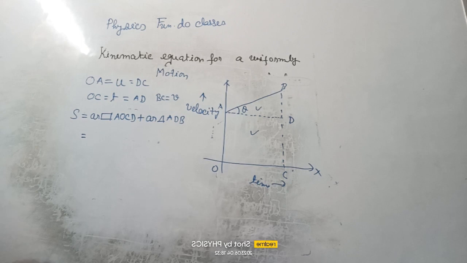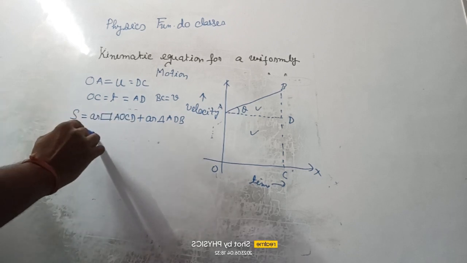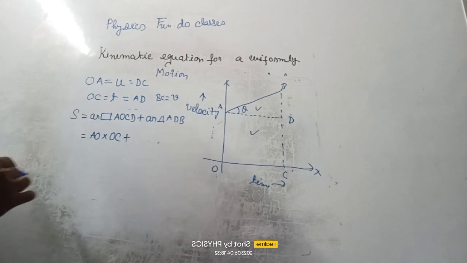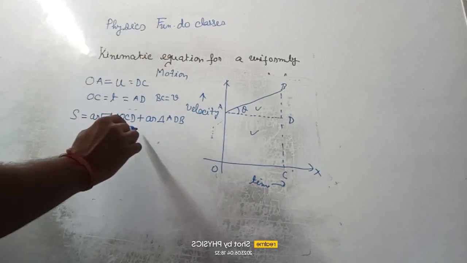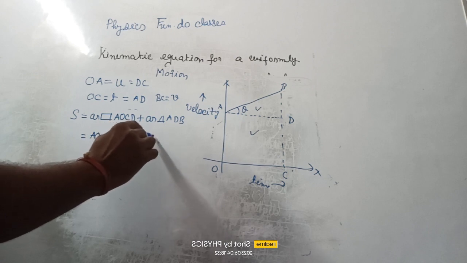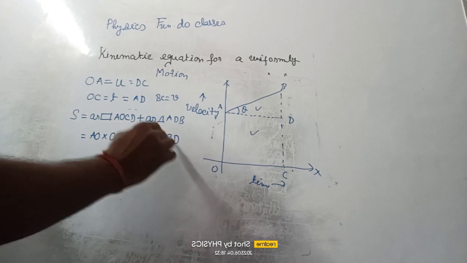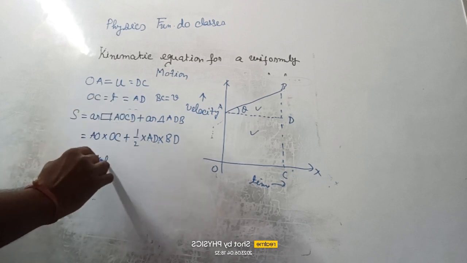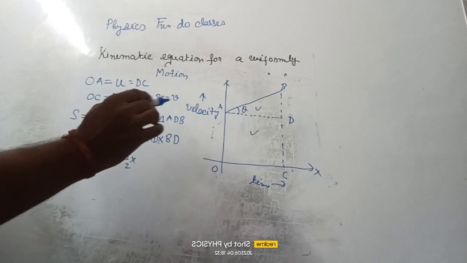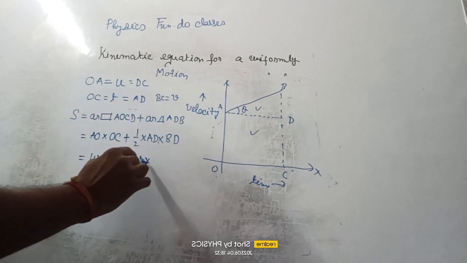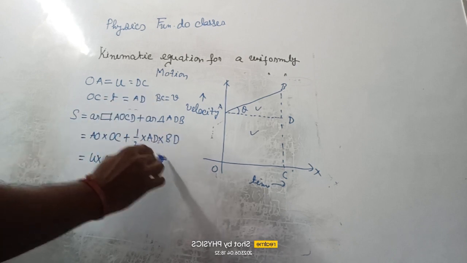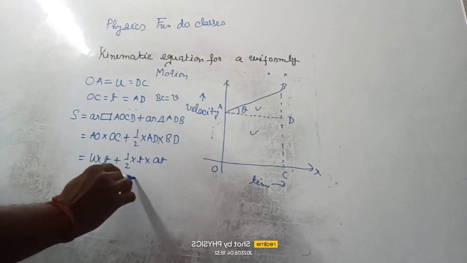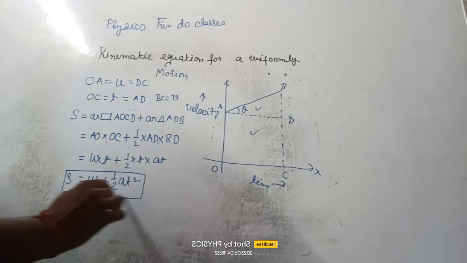The area of AOCD is AO into OC, plus the area of ADB, which is half base into height. AO means u and OC means t, plus half AD, AD means t and BD means at. So that is equal to ut plus half at square.